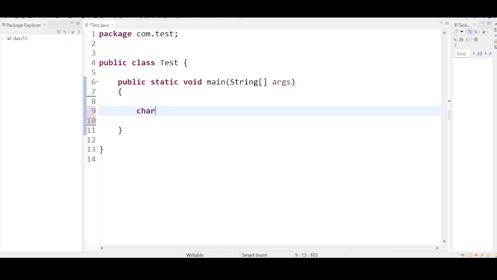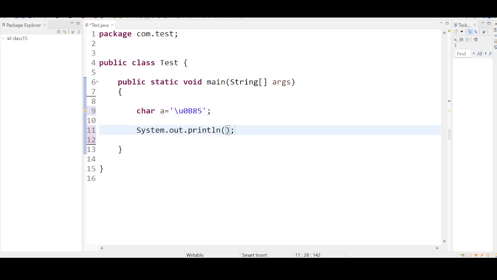Let me take a character A equal to, and I want to represent a Telugu letter. If I want to go with a Telugu letter, I need to find the Unicode. Let me take Unicode backward slash u 0 B 8 5.